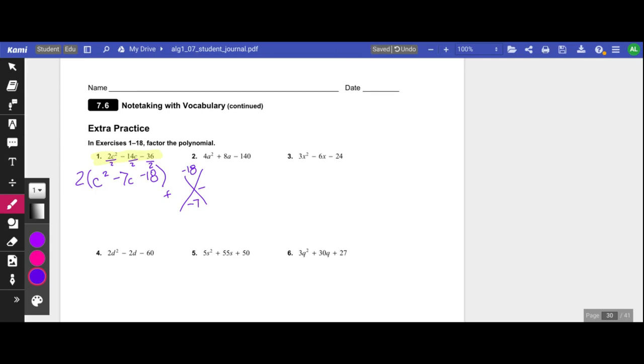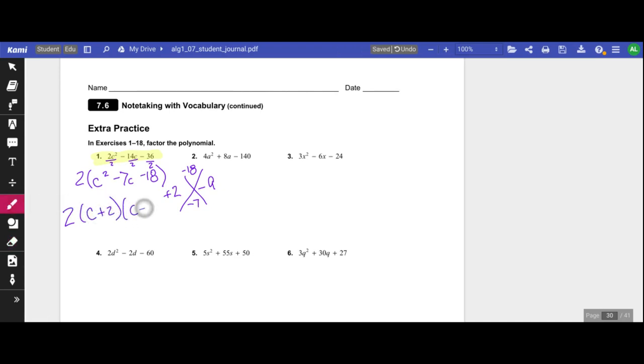Okay, I'm going to be dealing with 9 and 2. And, okay, the 9 should be negative and the 2 should be positive. So I'm going to leave my 2 on the outside. I'm going to have x. Oh, no, it says c. C plus 2 and c minus 9. Okay, and that would be my factored form.